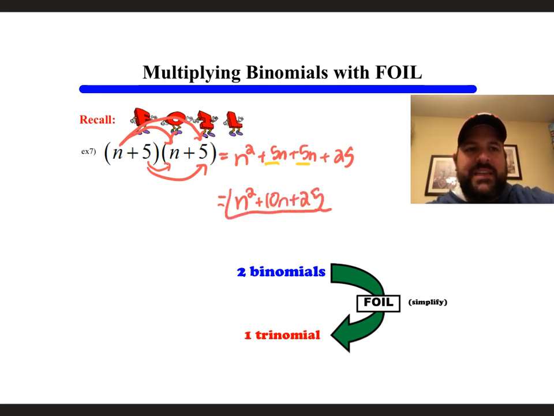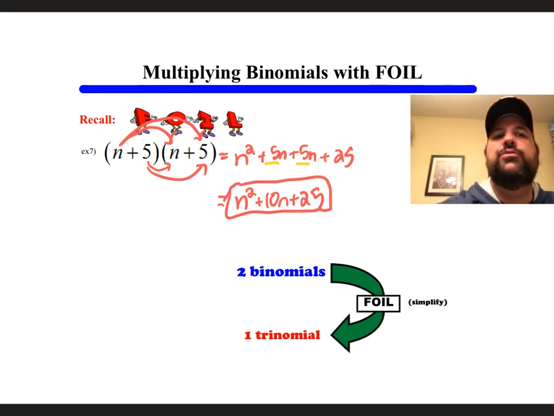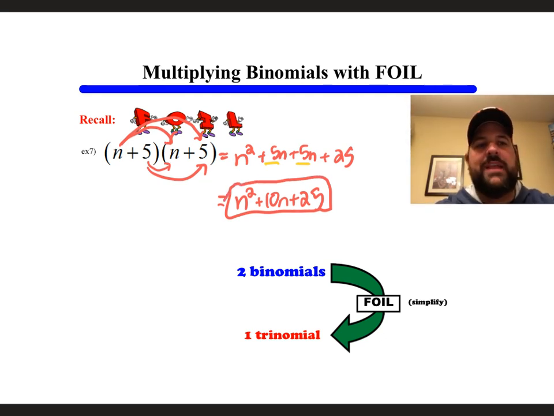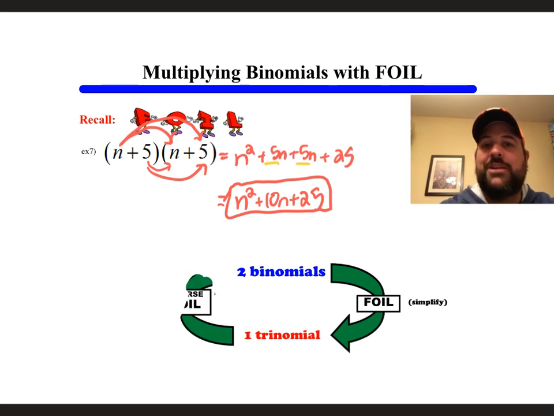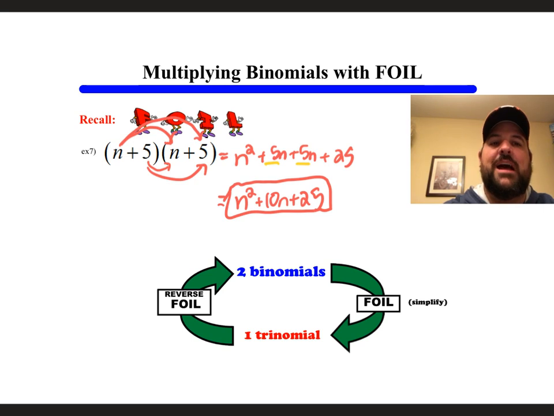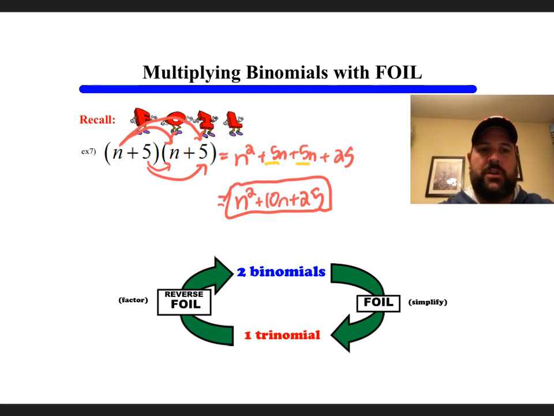What that means is that if I can take two binomials and turn that into a trinomial, as we've seen throughout the year, we should be able to do the opposite. I should be able to take a trinomial and work backwards to get two binomials. And what we call that is reverse FOILing or factoring. So we should be able to sometimes start with three terms and work backwards. And this connects very well to what we just talked about, because if I look at my answer, I'm going to notice something.